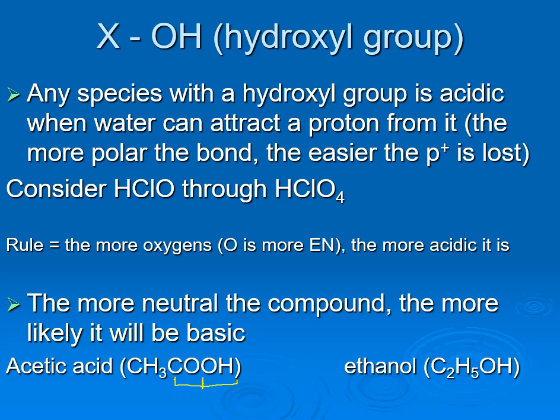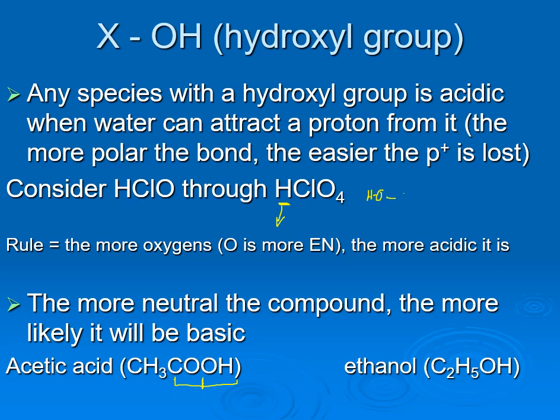Consider hypochlorous acid all the way through perchloric acid. The more oxygens, because oxygen is very electronegative, the more acidic the substance, the easier it is to lose this particular proton. Now the structure would be that the hydrogen is not bonded to the chlorine, even though that's the way it's written.